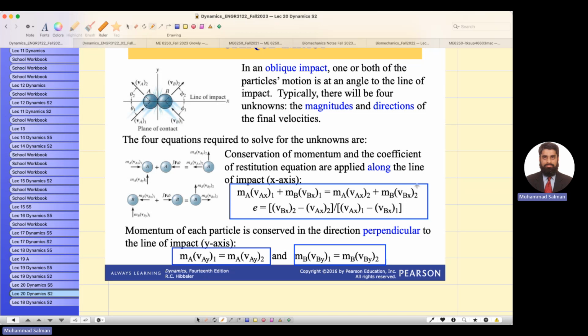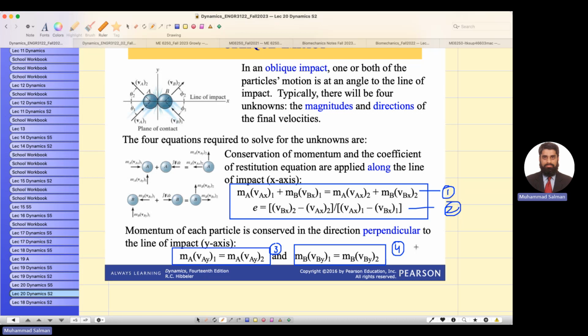So when you are considering oblique impact, you have two extra equations. That's a beauty. Having more equations is good for us, because with more equations you can find more unknowns.